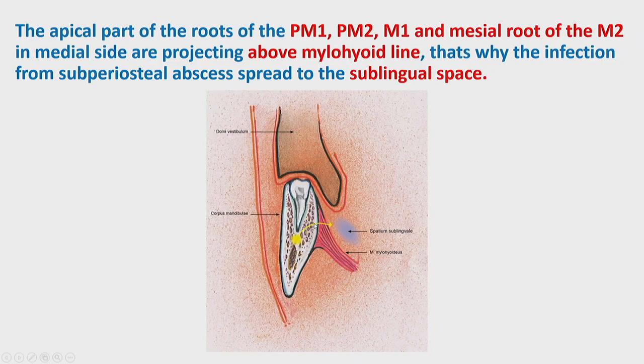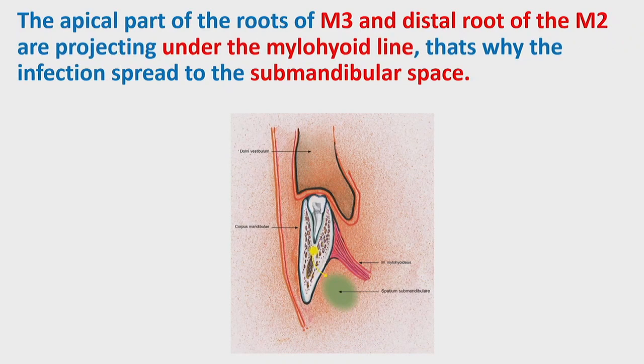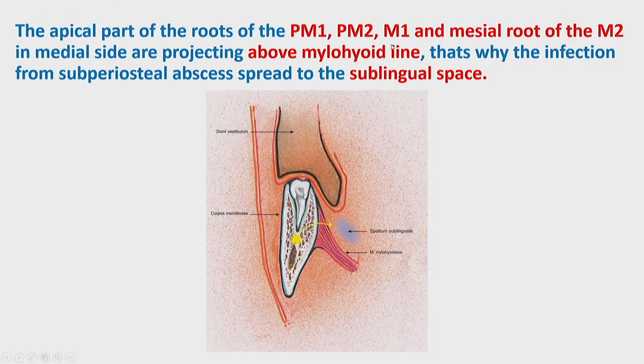A tooth infection can kill the patient. A lot of people can laugh, but it happened and it will happen again if you don't treat it. The apexes of the teeth that are above the mylohyoid muscle attachment send the infection to the sublingual space, the space that we mentioned. Usually these are the premolars, first molar and the medial root.